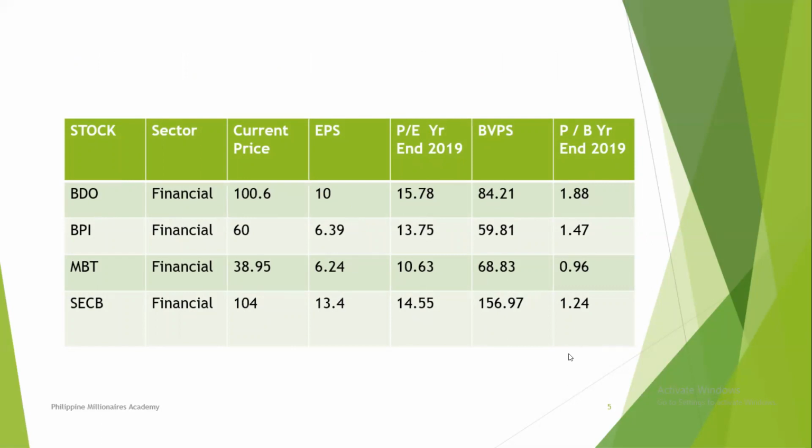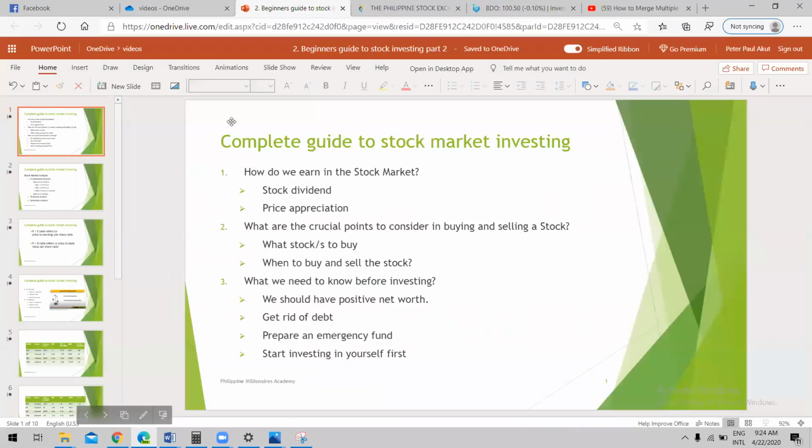So the tricky part lang in analyzing PE and PB ratio, guys, is that you have to analyze it per sector. If you analyze stocks in the financial sector, make sure na walang ibang stocks dyan or company na hindi related sa financial sector. Paano mo malalaman ngayon kung sa anong sector ang isang kumpanya?